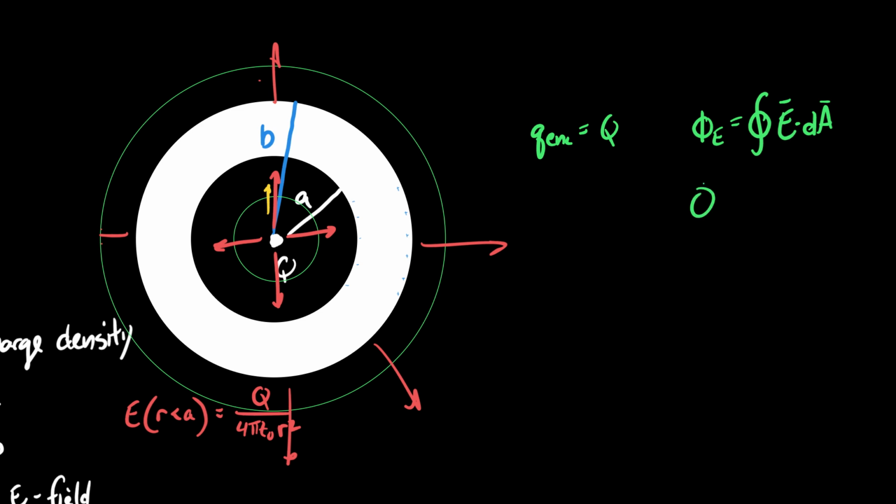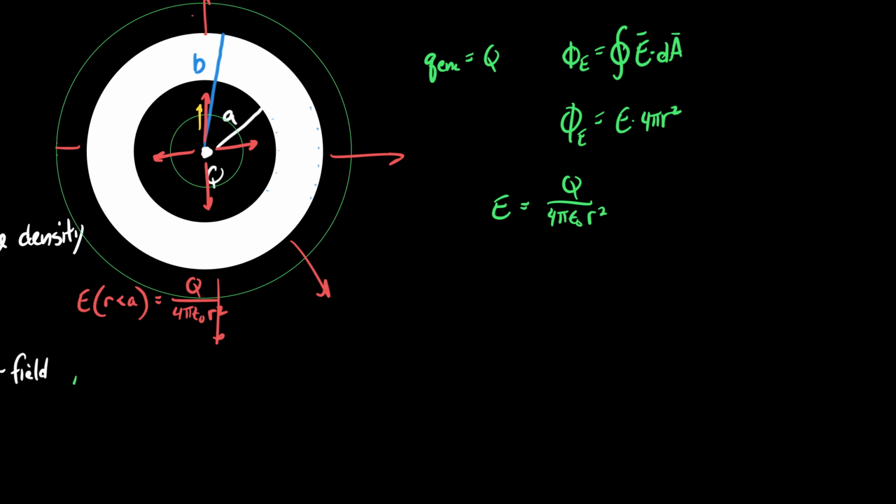So I'm going to just skip down to where I write this as E times 4 pi r squared. Bring these two things together, and the electric field is going to be equal to Q over 4 pi epsilon naught r squared.